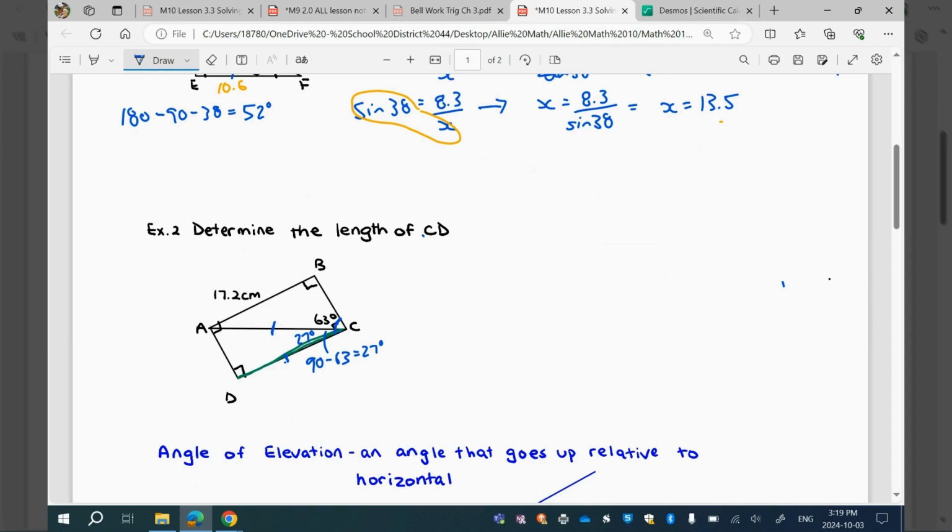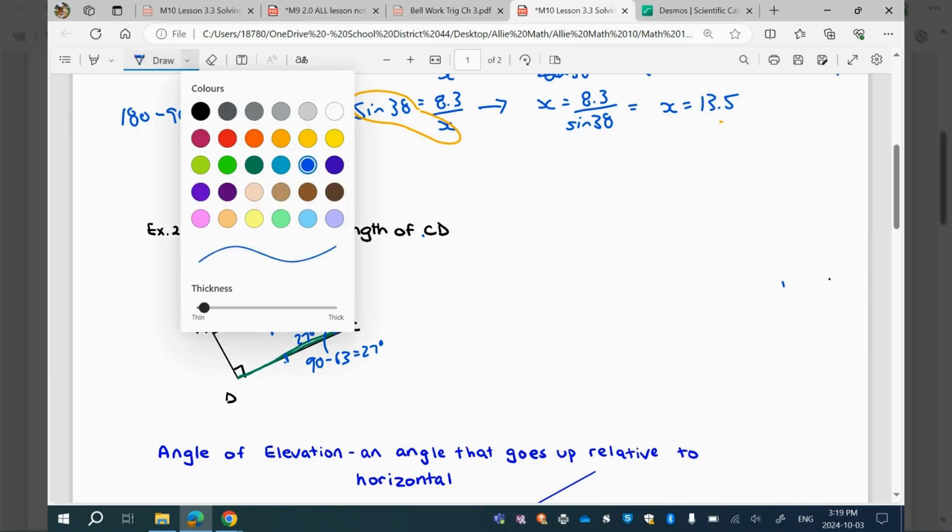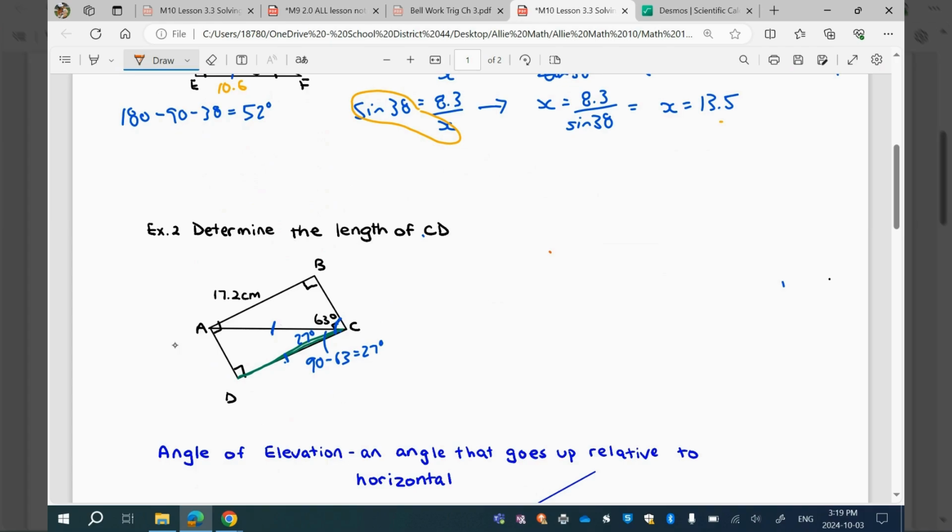So let's first use 63 and the angle that is opposite it to find the hypotenuse. We have an opposite length. We want the hypotenuse. I'll write this again just for your reference.